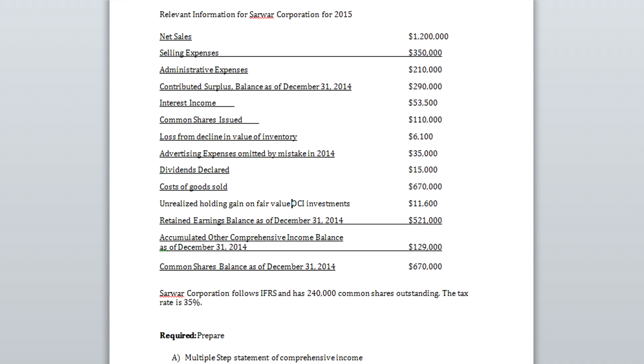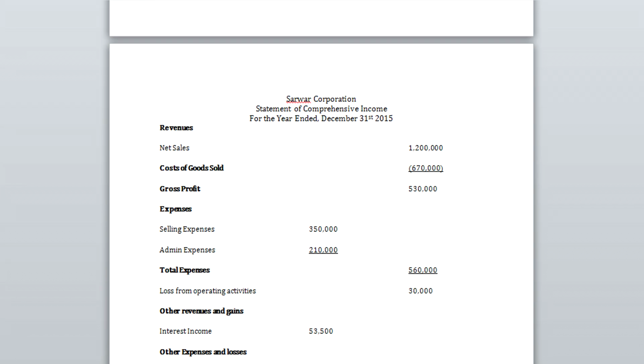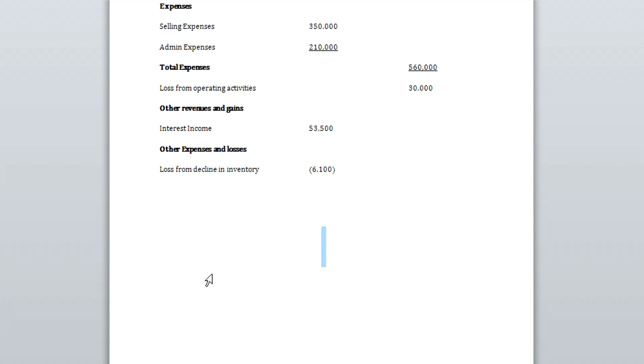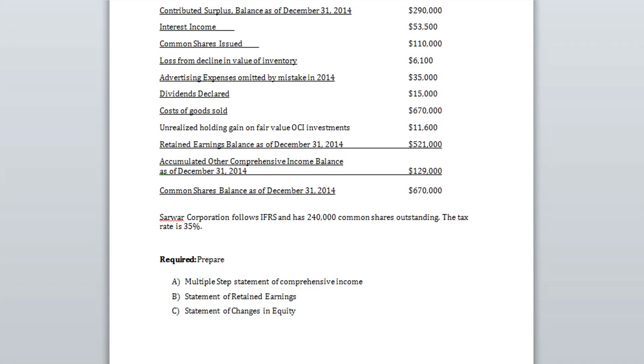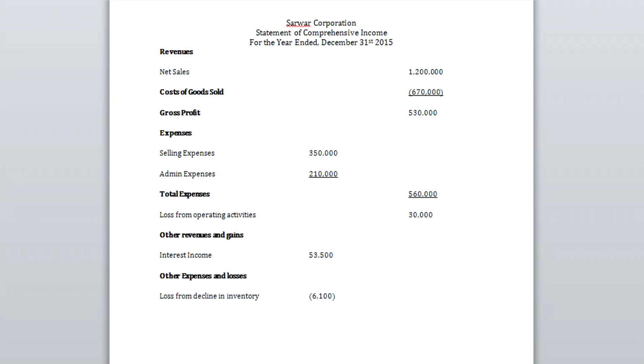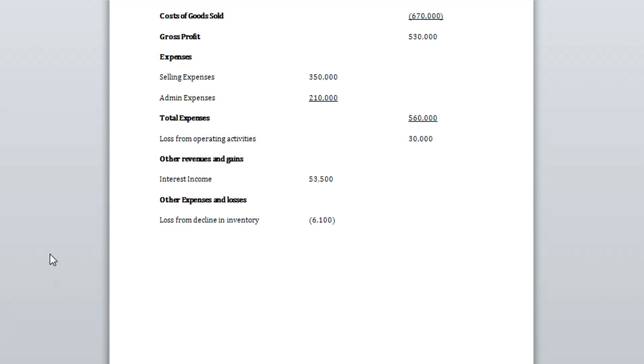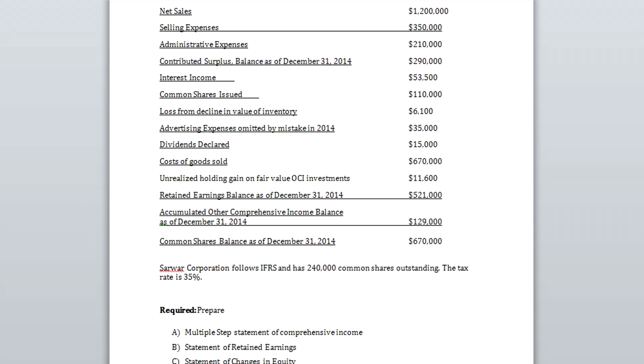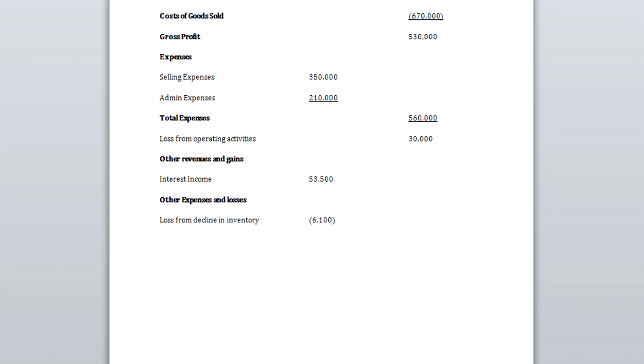OCI stands for other comprehensive income, and other comprehensive income has its own section of the income statement later on. So while you're correct, yes, it is a revenue and it is a gain, it's not reported in the other revenues and gains section. It will actually be reported in the other comprehensive income section that will be showcased later on in the statement. Okay? So with that, this is literally the only item left to put in the statement, meaning that we have no other expenses and losses.